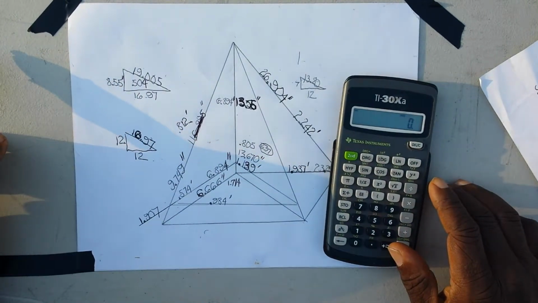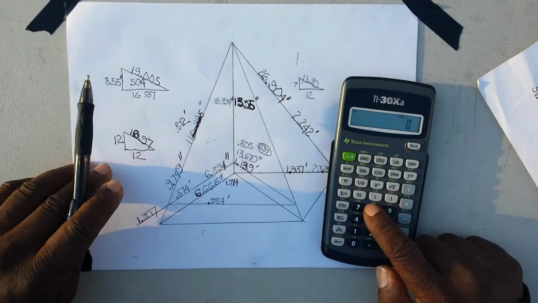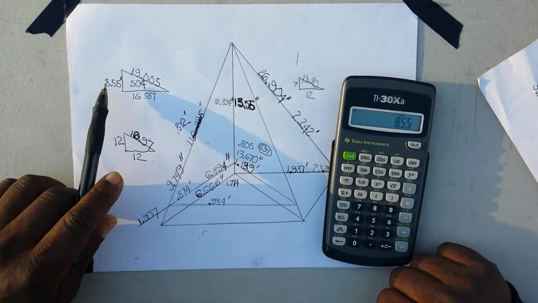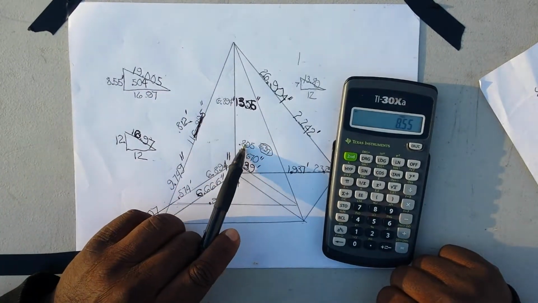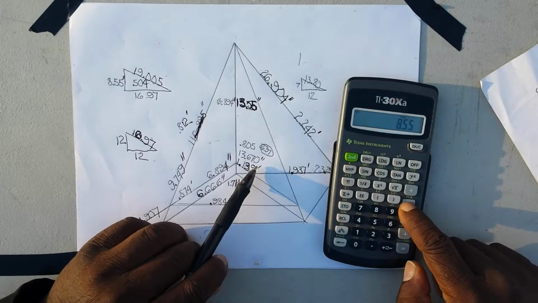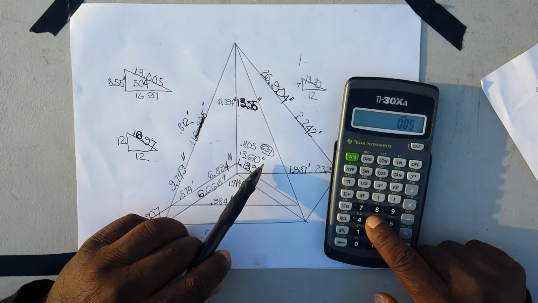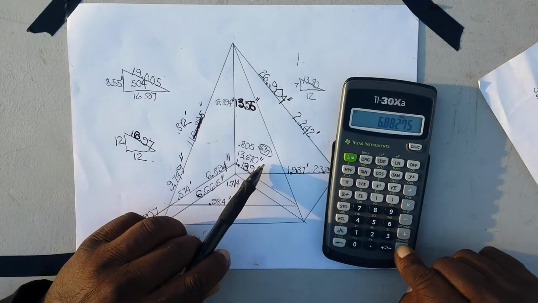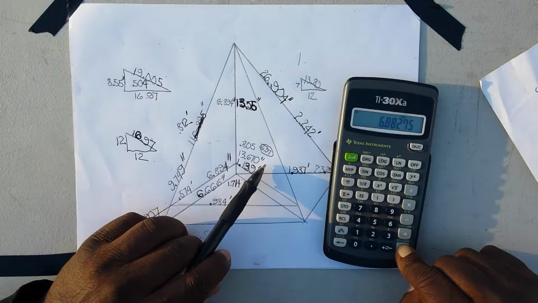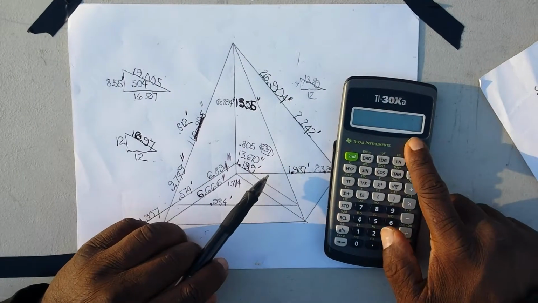Now, you got 8.55. Let's plug that in. 8.55 inches. Okay. We want to multiply that by 0.805 feet equals, no, I'm doing that wrong.